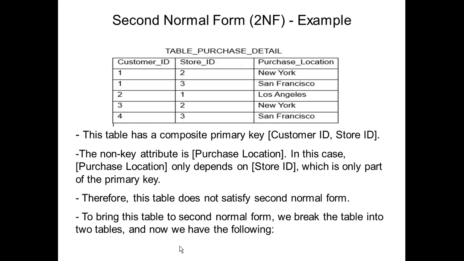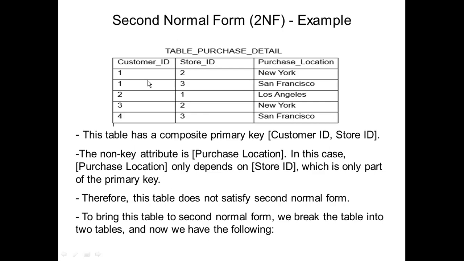Now we will see the example of second normal form. Now see, in this case there is a composite primary key, that is customer ID and store ID. But the non-key attribute here is purchase location, which does not form any key. Now this purchase location is dependent only on store ID. It cannot be dependent on customer ID, but customer ID is also part of the primary key.